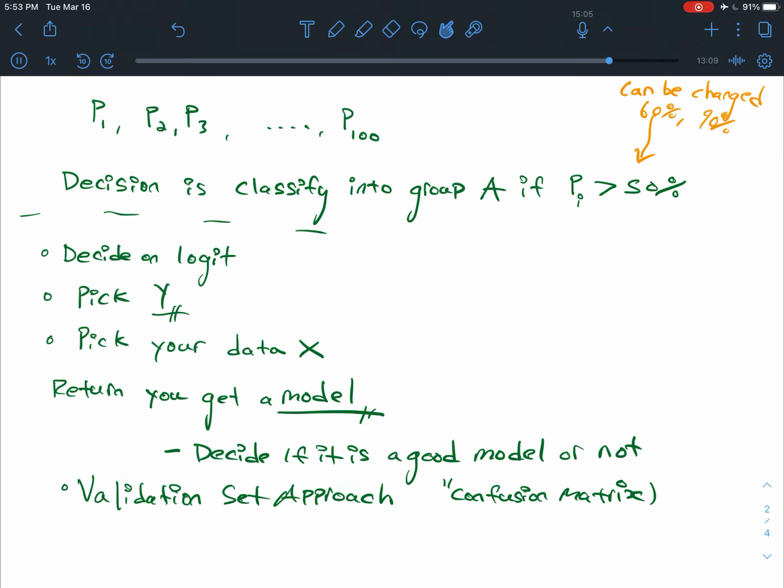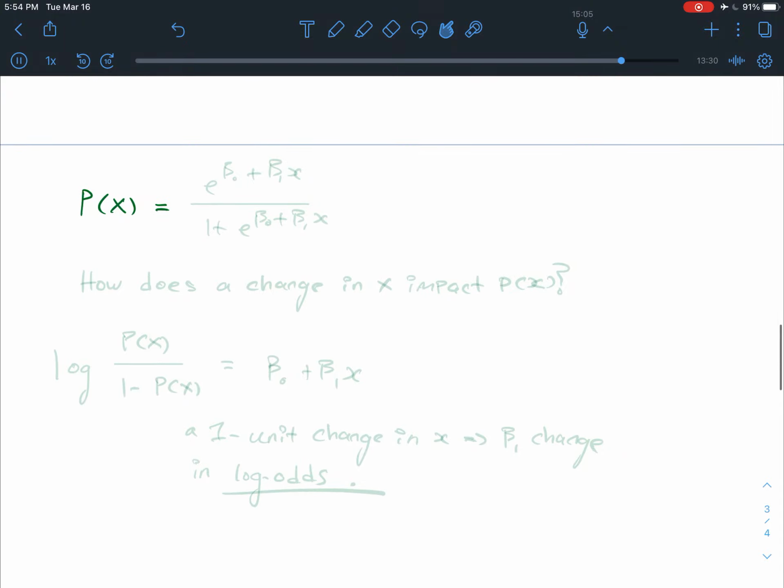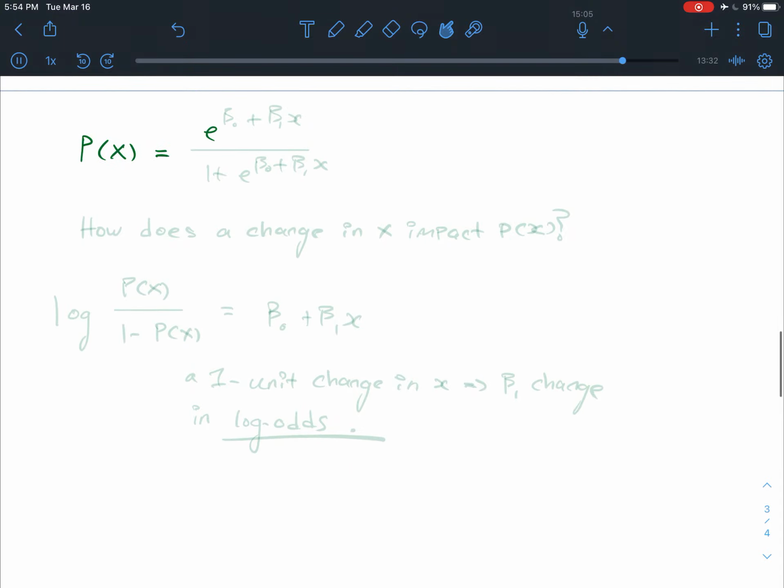And that's about it. The only other thing I would say is if you wanted to interpret this, logistic regression doesn't have as nice of an interpretation as linear regression. But as I said in class, you can easily transform the logistic regression in the following way. So remember, we're modeling the probability of belonging to one of the groups in the following way.